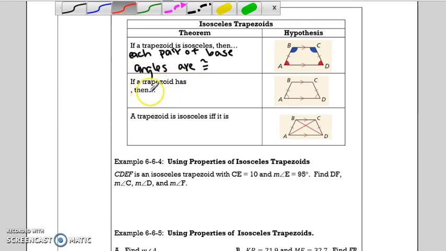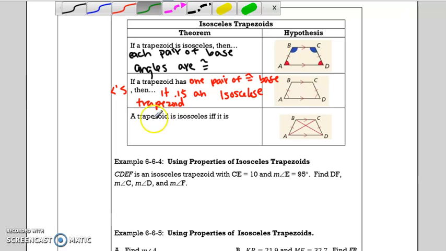If a trapezoid has one pair of congruent base angles, then it is an isosceles trapezoid. A trapezoid is isosceles if and only if its diagonals are congruent.